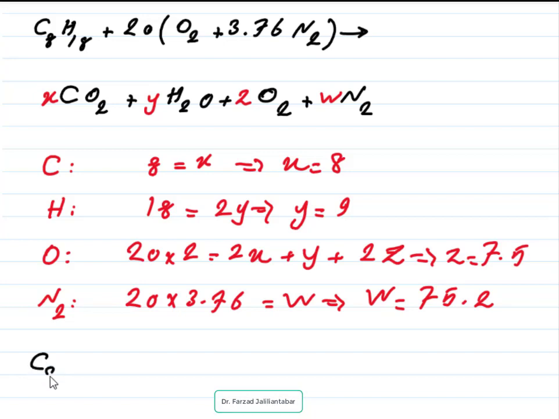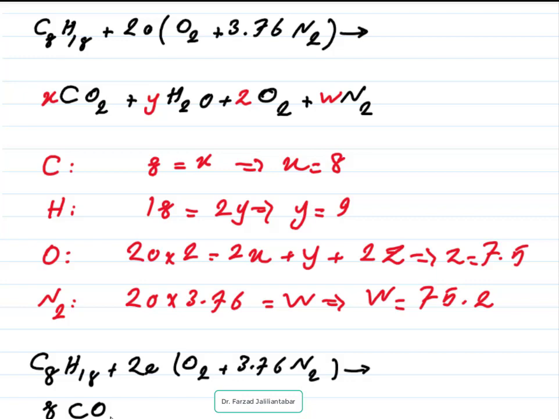Now we should substitute the values to rewrite the equation. We should write C8H18 plus 20 O2 plus 3.76 N2. Then by substitution of X, Y, Z and W, we will have this equation: 8 CO2, X was 8, plus 9 H2O plus 7.5 oxygen, O2, plus 75.2 N2.